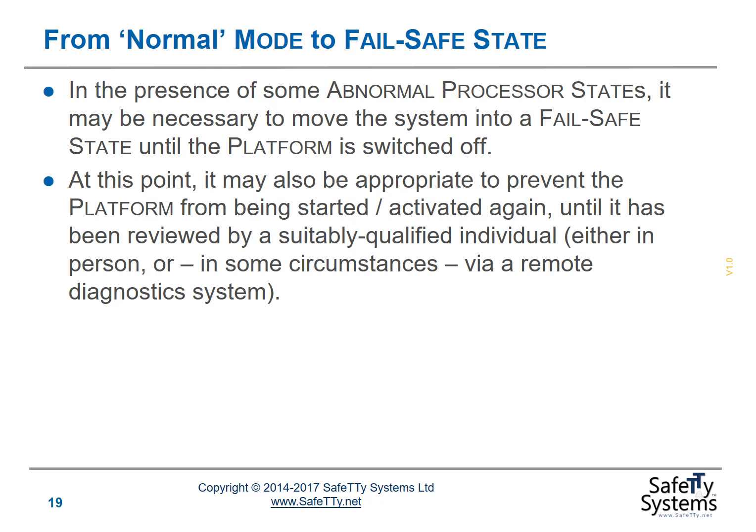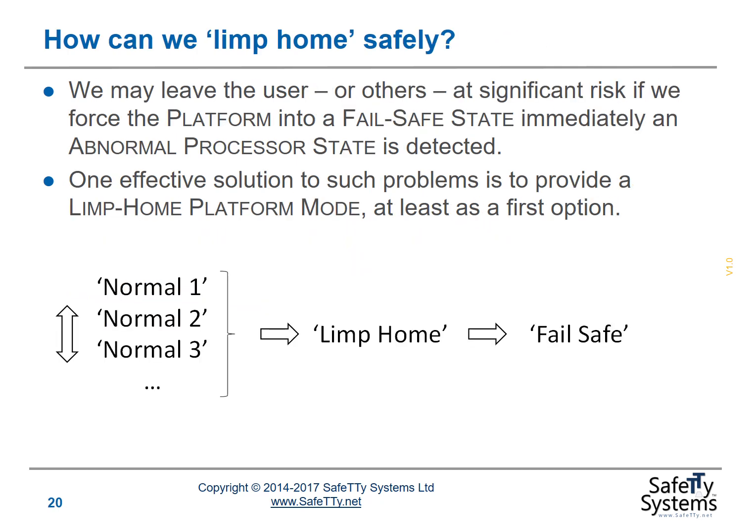At this point, it may also be appropriate to prevent the platform from being started or activated again until it has been reviewed by a suitably qualified individual, either in person or in some cases via a remote diagnostic system. We may leave the user or others at significant risk if we force the platform into a fail-safe state immediately when an abnormal processor state is detected.